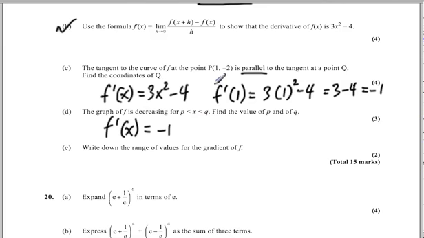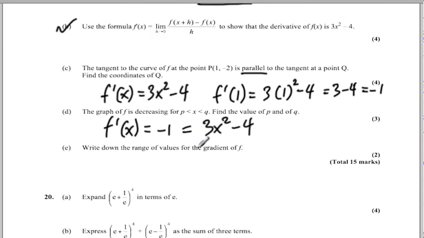We need to figure out the other point where we get the same slope. So negative 1 equals 3x squared minus 4, because this is the derivative, and we want to make sure that this derivative is equal to negative 1.